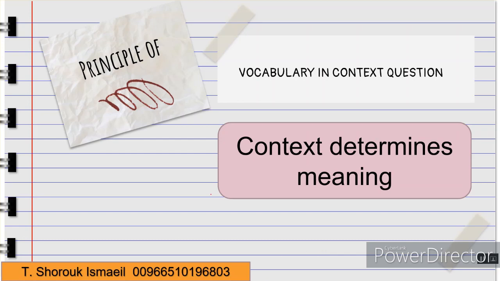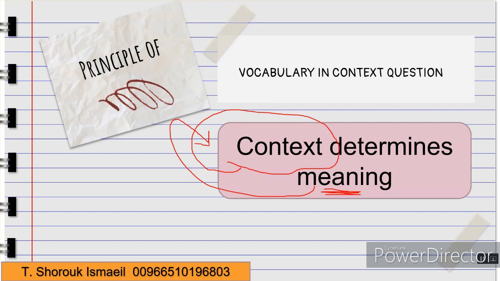What does this mean? This means that you are going to look at the context that surrounds this word, so you can understand the meaning that it serves according to the whole context. So the meaning of this word is going to be based on its context.